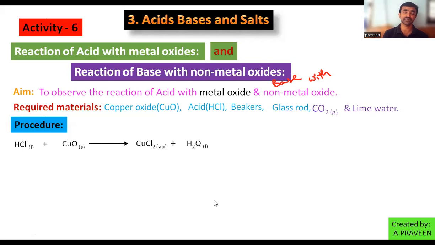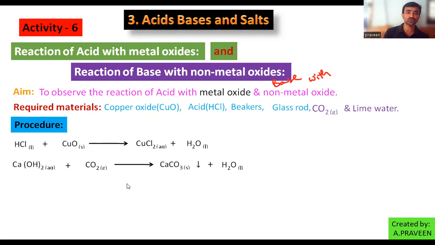Next, the reaction of calcium hydroxide, lime water, basic in nature, with the non-metal oxide carbon dioxide, acidic in nature, produces two products: salt and water. Here the salt is calcium carbonate, and water also forms. So this is the reaction you are observing.